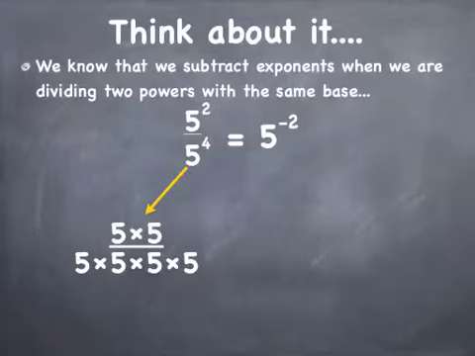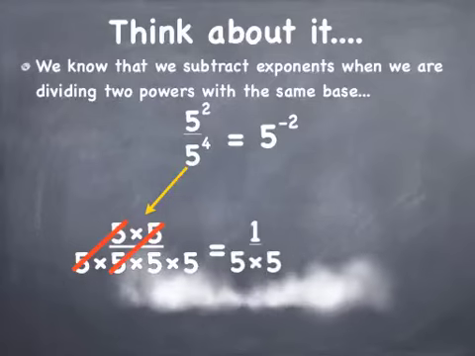Remember, when we have the same thing on both top and bottom, we can go ahead and cancel out. 5 divided by 5 is 1. 5 divided by 5 again is 1. But this time I'm left with 2 5s in the denominator. They're on the bottom. The numerator is going to become 1 because 5 divided by 5 is 1 and 5 divided by 5 again is 1.